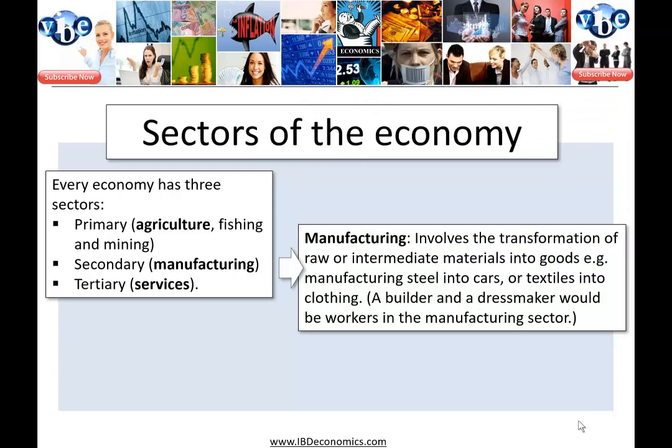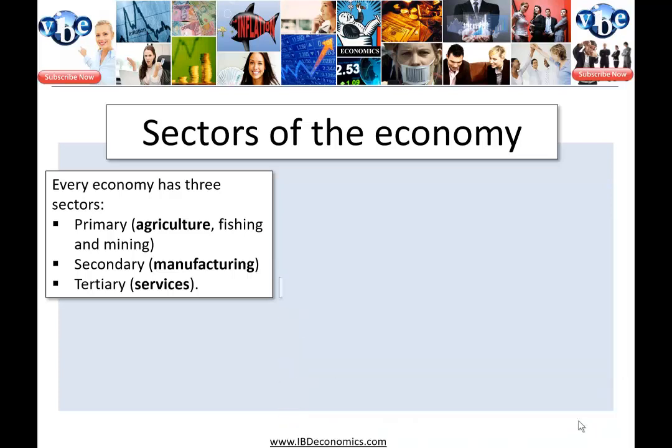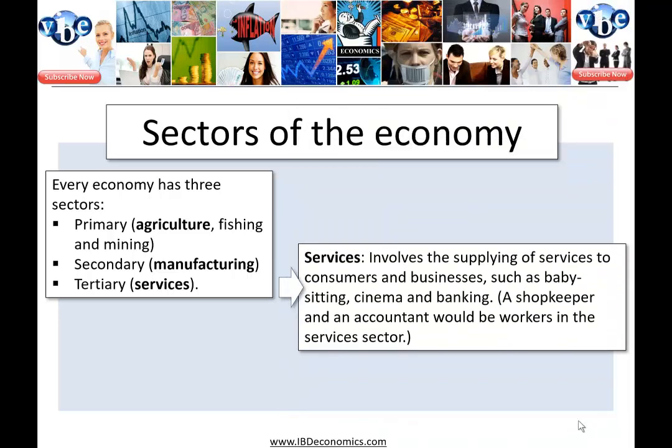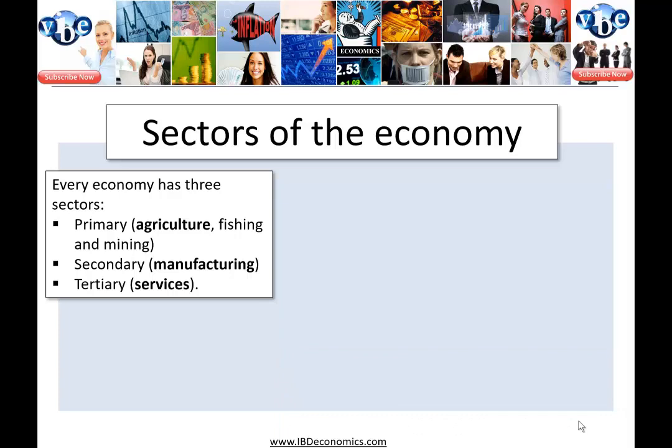So we're talking about turning things like steel into cars, textiles into clothing. Now a builder or a dressmaker would be workers in the manufacturing sector. Tertiary, our services sector, involves the supplying of services to consumers and businesses, things such as babysitting, cinema, and banking. A shopkeeper and an accountant would be examples of workers in our services sector.